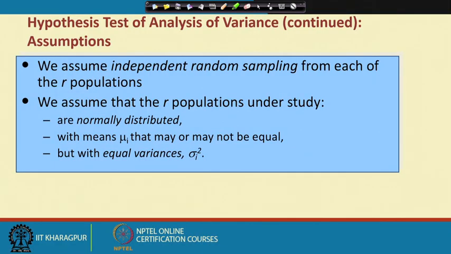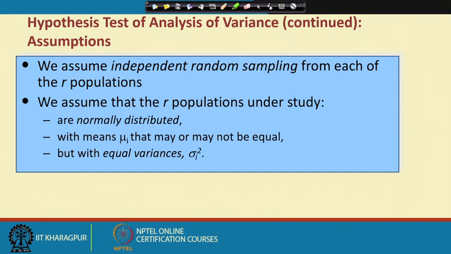So, the hypothesis test for ANOVA has some assumptions. We assume independent random sampling from each of the r populations, and we assume that the ith population is normally distributed with mean mu i, which may or may not be equal, and with equal variance.